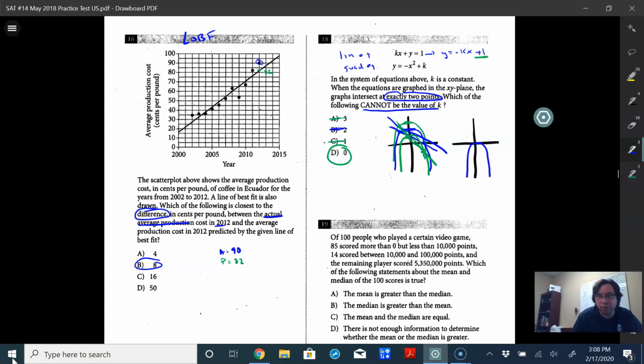So there's no slope, and you have a positive 1 that it goes through, because you end up having y equals negative 0x plus 1. Since there is no slope and it goes through positive 1, it'll be coming through this way, and it's not going through 2 points. And so D is the answer choice on that one.